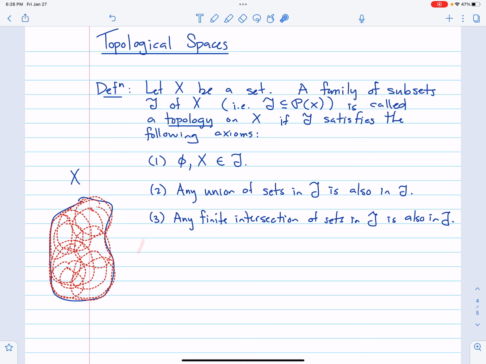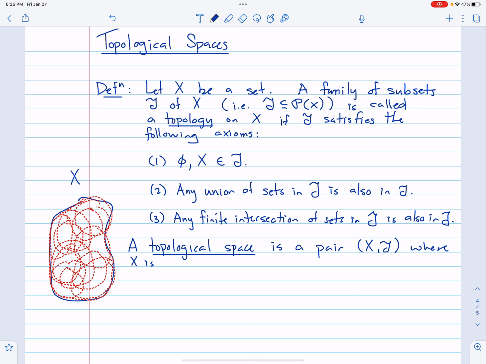So, a topological space is a pair (X, T), where X is a set and T is a topology on X.